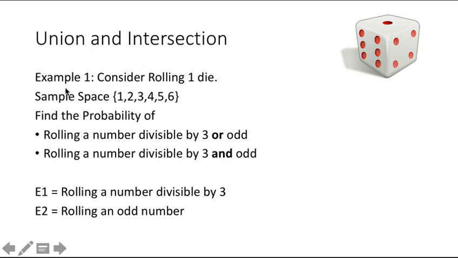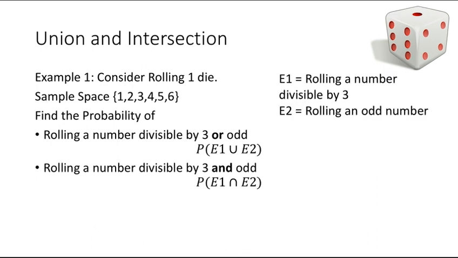So, if we want to find the probability of rolling a number divisible by 3 or odd, or rolling a number divisible by 3 and odd, we have two different events. The two events are rolling a number divisible by 3 and rolling an odd number. So, let's think about these two events.